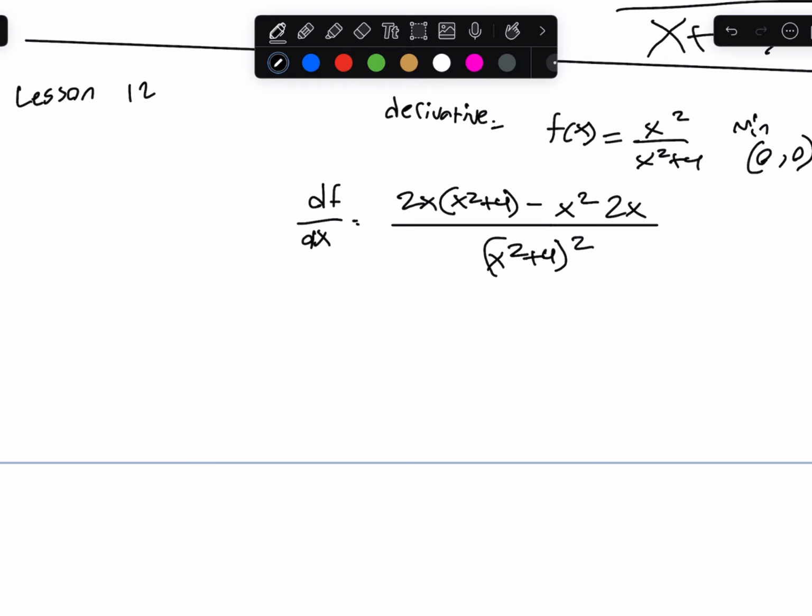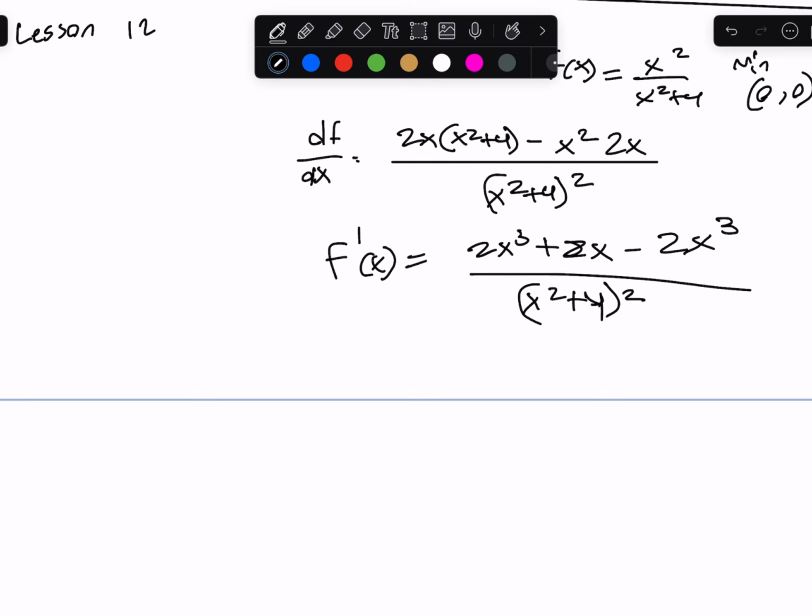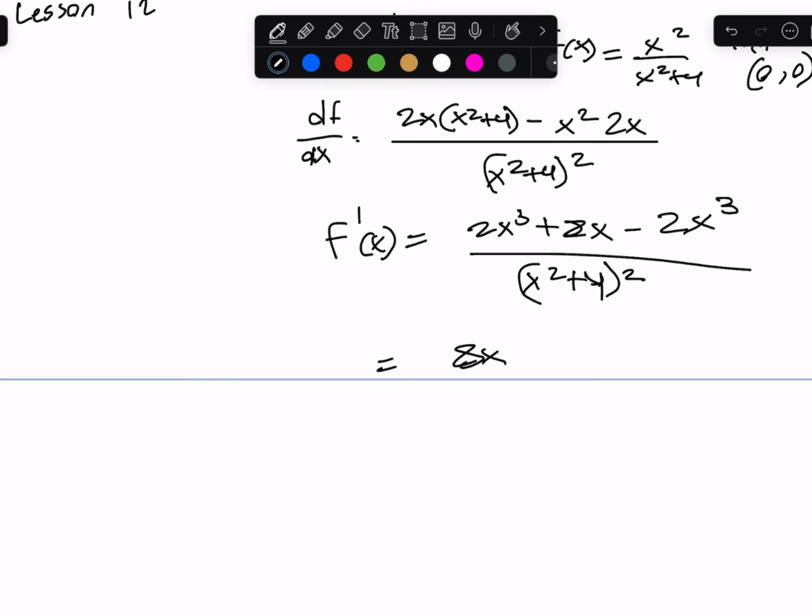So we continue to break this down. We distribute 2x, we get 2x cubed plus 8x. We multiply x squared plus 2 times 2x, which will get us negative 2x cubed over x squared plus 4 to the power of 2, which would equal 8x, these cancel each other out, over x squared plus 4 to the power of 2.